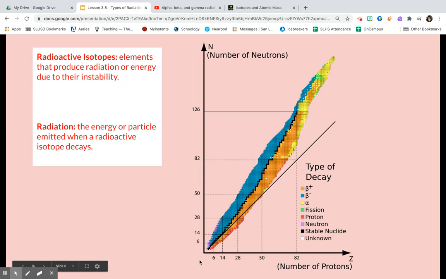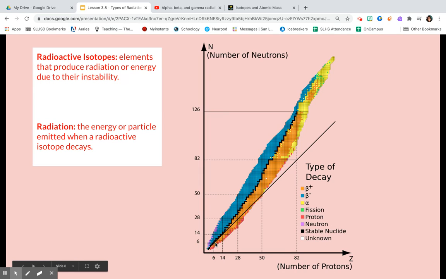So notice on the x-axis right here, going left to right, this is the number of protons I have. And on the y-axis is the number of neutrons that I have. This line is a 1-to-1 ratio of neutrons to protons. So if I have 14 protons, I have 14 neutrons.